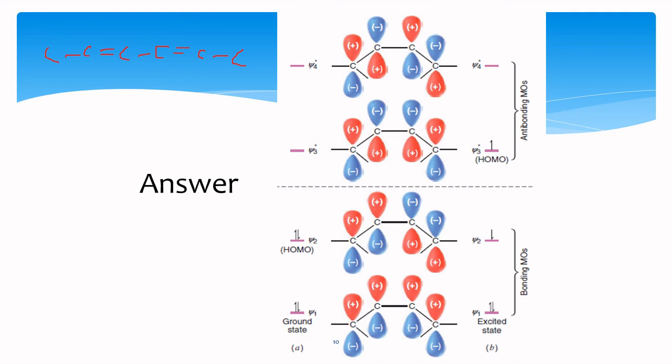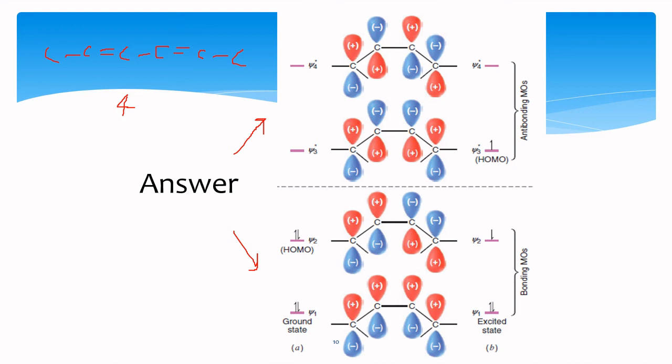Okay, so since we have 1, 2, 3, 4, we have 4 p orbitals. This is the bonding region, and this is the anti-bonding region. At the lowest energy level, you have 4 p orbitals interacting with each other.